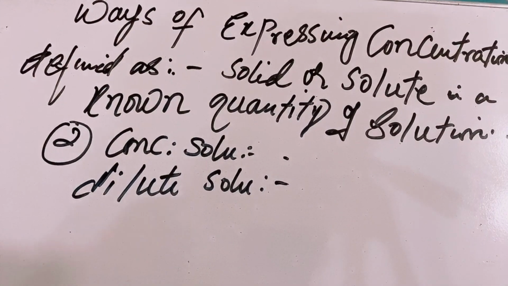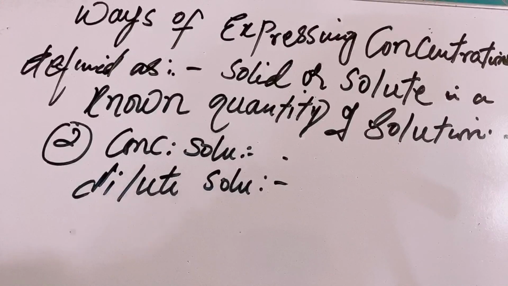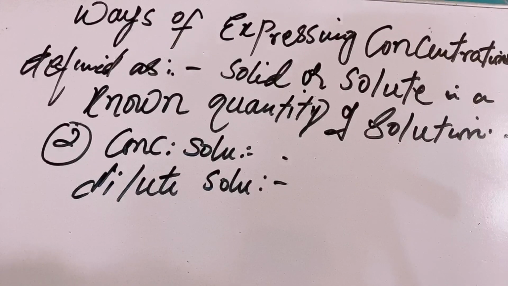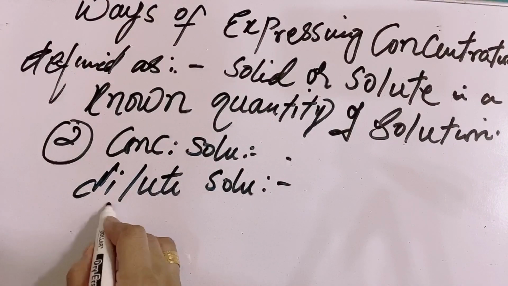Now the question arises, how will you express concentration? Of course, there would be some units. So it is expressed in molarity, molality, and mole fraction, right? So these are the things which we are going to discuss today.